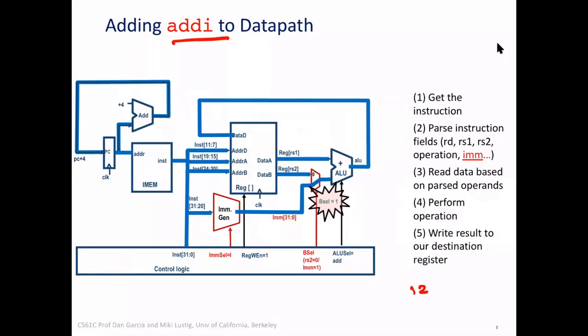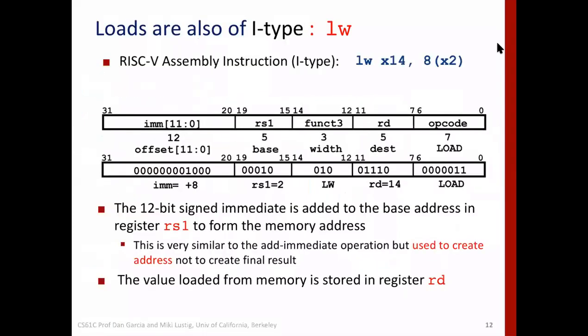Now let's move to a different case altogether. For example, load word is exactly similar. It will take 12 bits from this position and generate 32 bits.